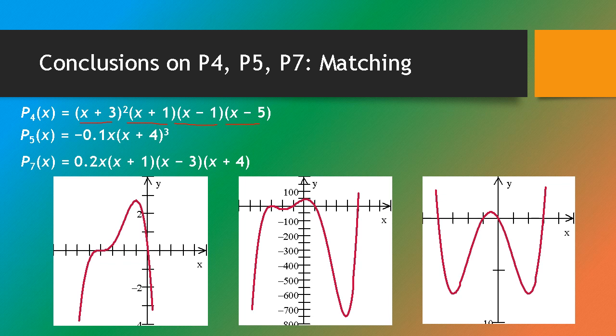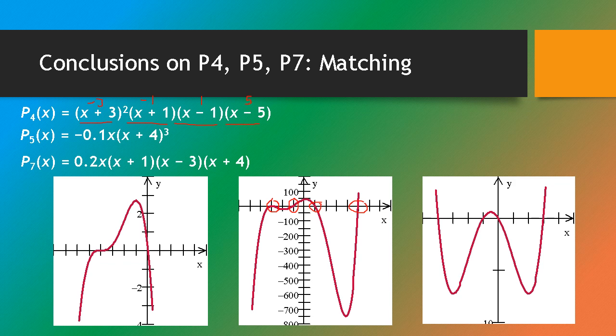And those x-intercepts would be at -3, -1, +1, and +5. And by a quick inspection, you will notice that the second graph has those x-intercepts at -3, -1, +1, and +5.